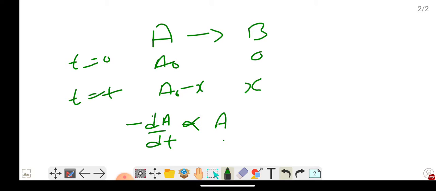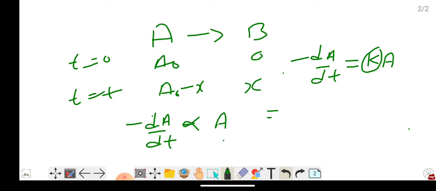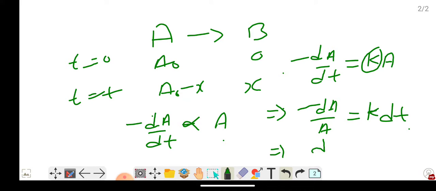So we have, introducing here a constant, that is rate constant for the reaction K. This implies minus dA by A is equal to K dt. This implies dA by A is equal to minus K dt.